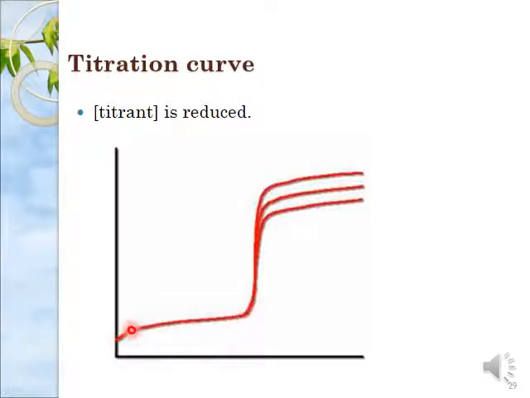Let's say we use 0.1 molar sample and 0.1 molar titrant, so you get a nice jump of the pH here. But then you reduce the concentration of the titrant, so it becomes 0.05 molar. Still a strong titrant, but you reduce the concentration, so you get less jump in pH. If you reduce it even further, you get even less jump in the pH. So that is the effect of the concentration of the titrant.